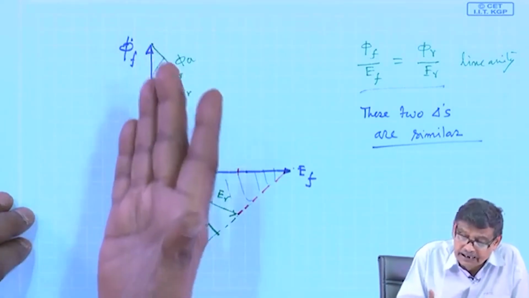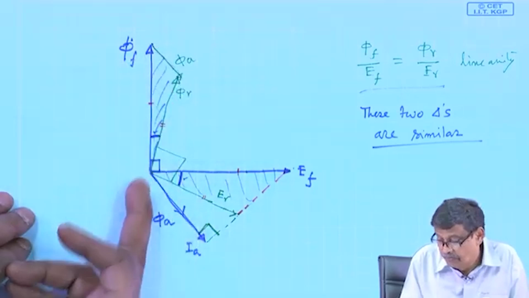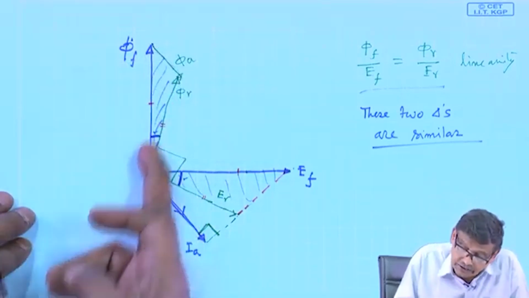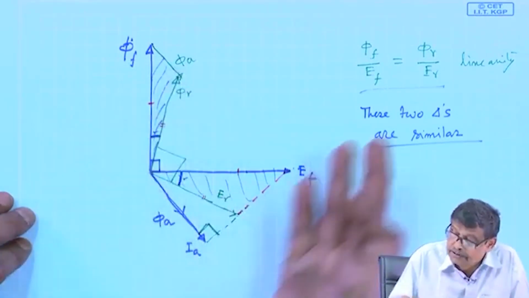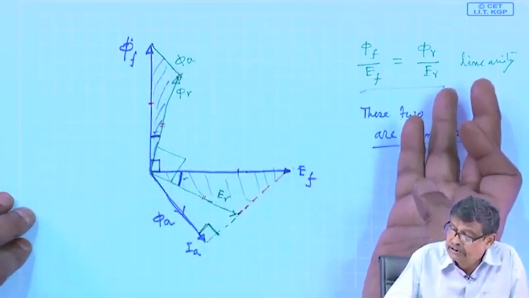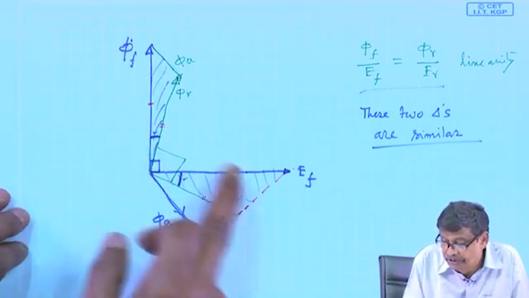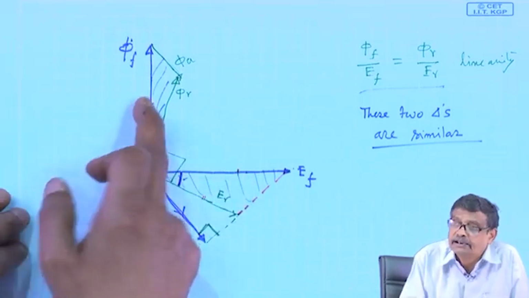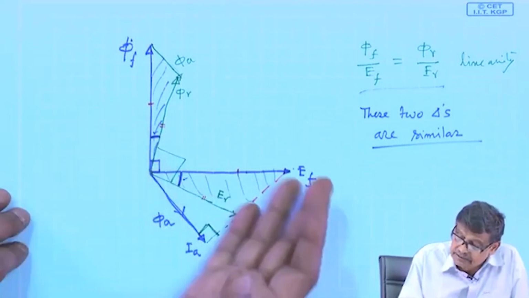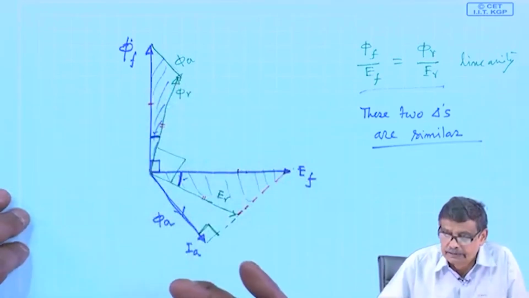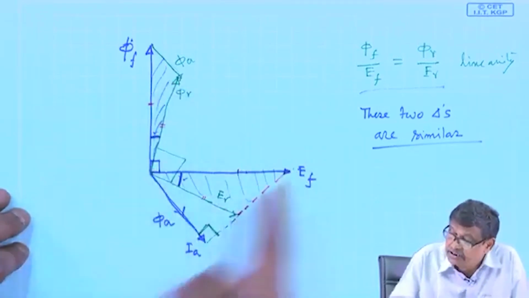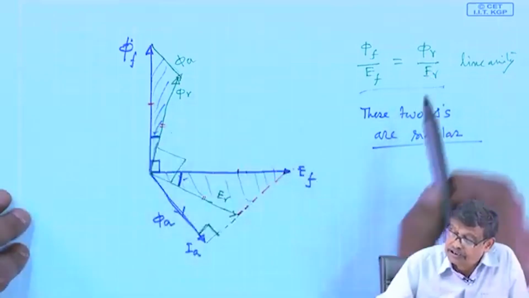Now, phi F in any case was there, now phi A appears, so you get phi R, but the machine is operating in the linear zone. Therefore, the ratio of the induced voltage and the field current or field flux must be maintained. Therefore, phi R and ER should also satisfy this.